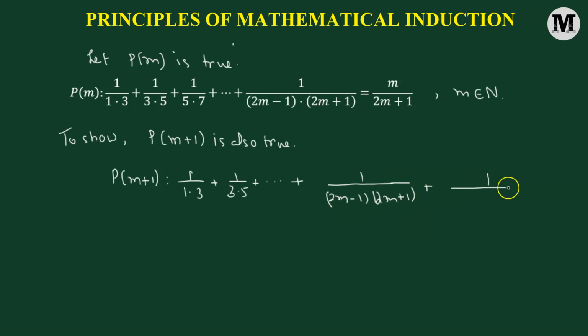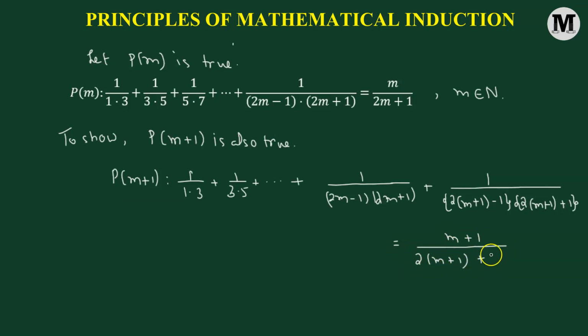That's going to give us 1 over 2 times m plus 1 minus 1, multiplied by 2 times m plus 1 added to 1. This is going to be equal to m plus 1 divided by 2 times m plus 1 added to 1. So this is what we need to show is true.